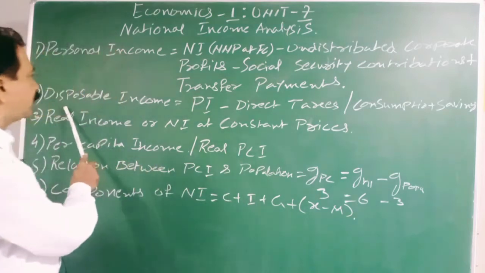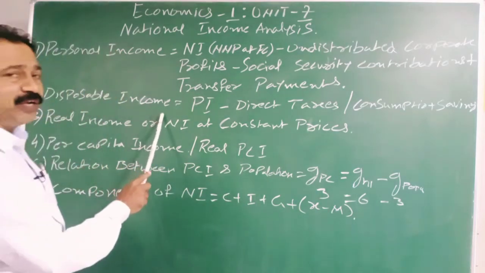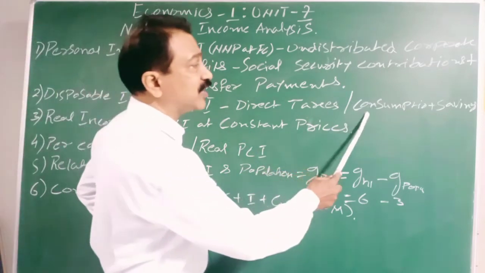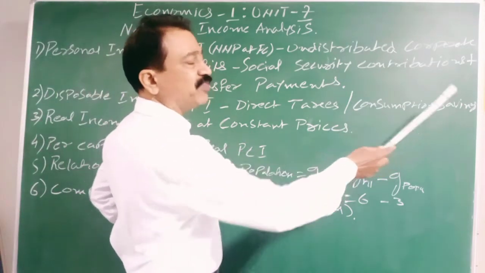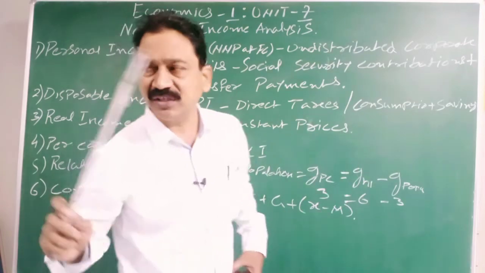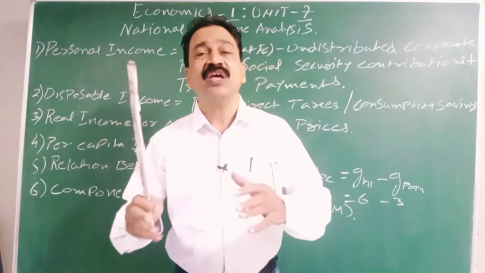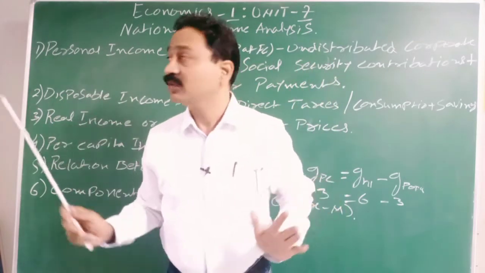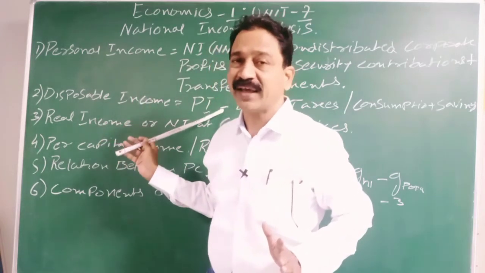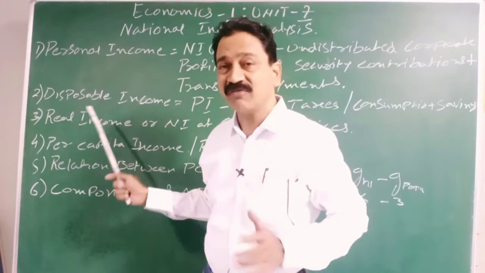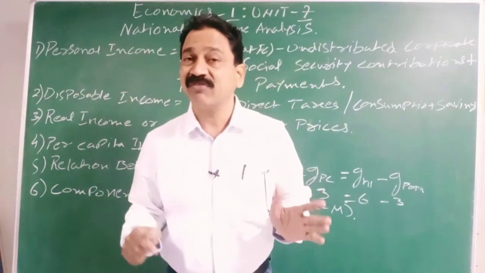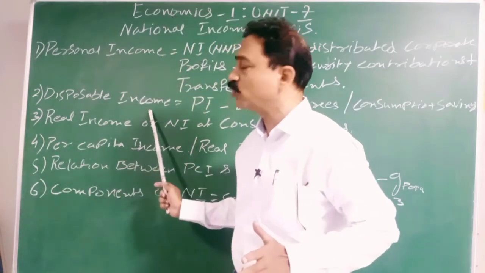That is called disposable income, ready to spend in the market, also called consumption amount plus saving amount. Consumption plus saving put together, that is disposable income, meaning ready to spend income. This is the earned income. From the earned income, when we remove the direct taxes, whatever is left we use for savings and consumption. That savings and consumption amount is called disposable income.